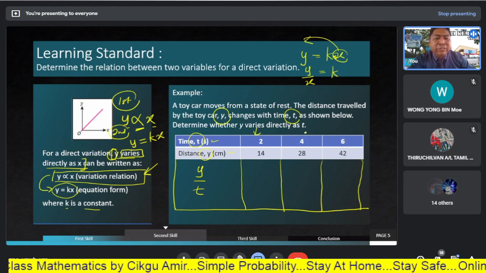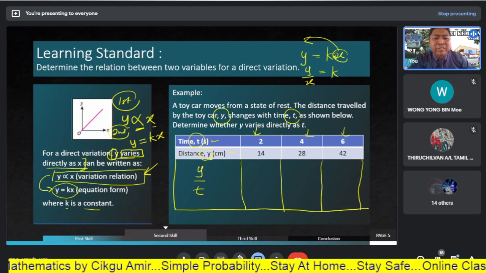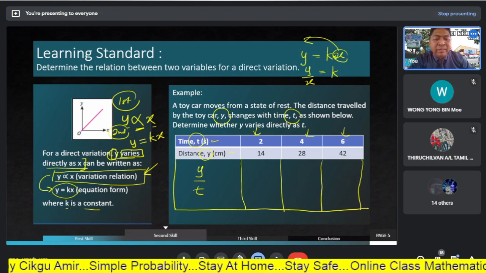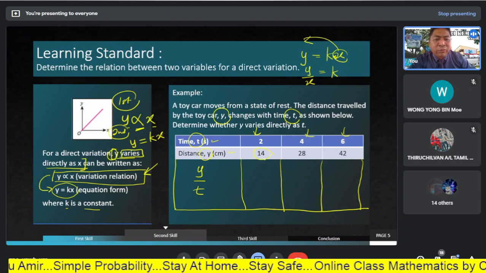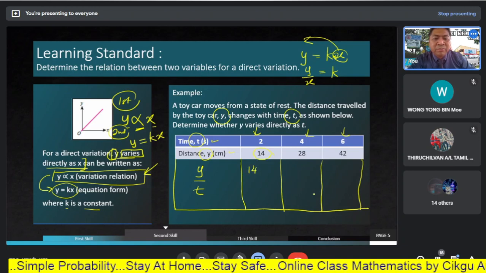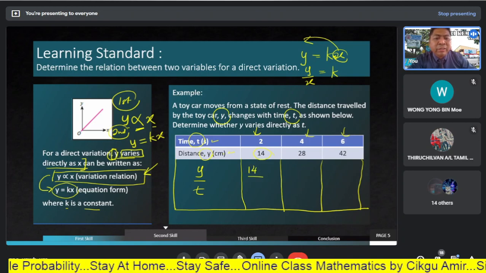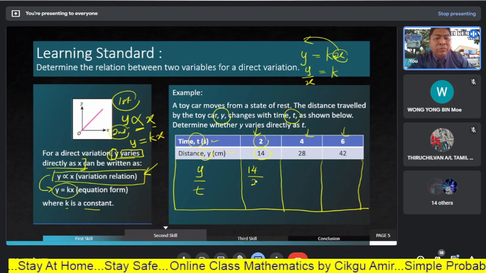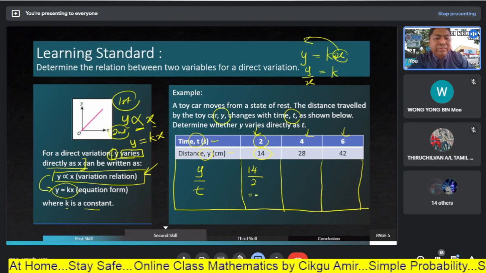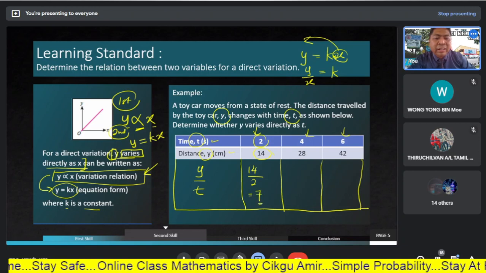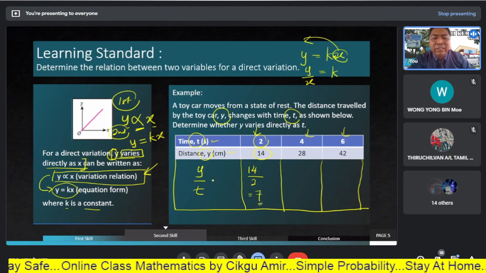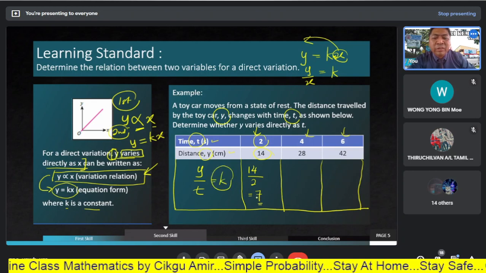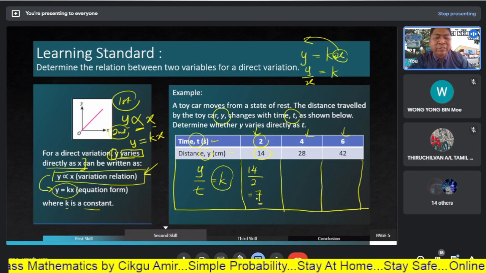The first situation, y divided by t. Y is 14, divided by t, which is 2. So 14 divided by 2 is 7. The value of k, the constant, is 7.